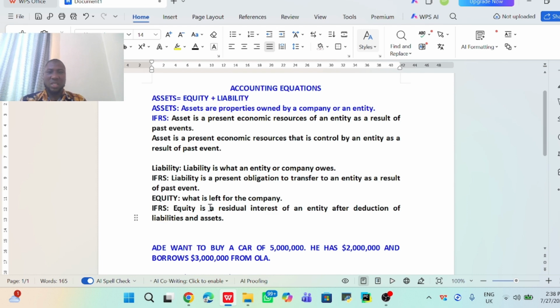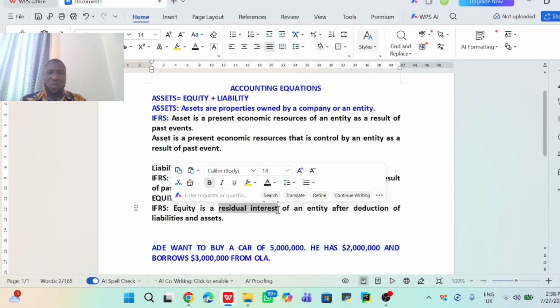Residual interest means what is left for you, what is your own. What is left after deduction of your liability from your asset is known as your equity.